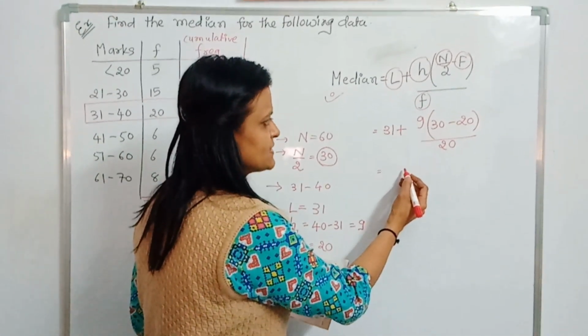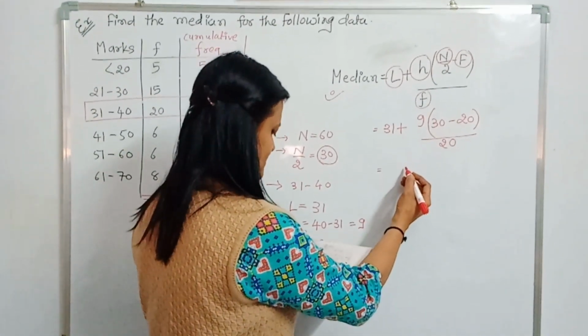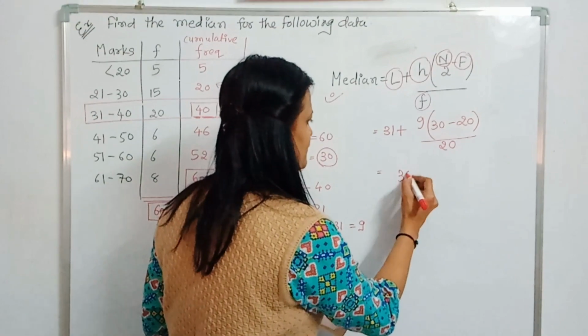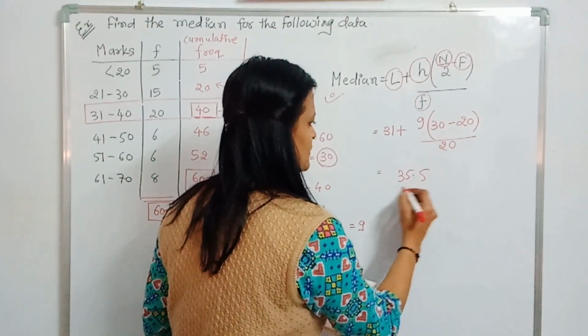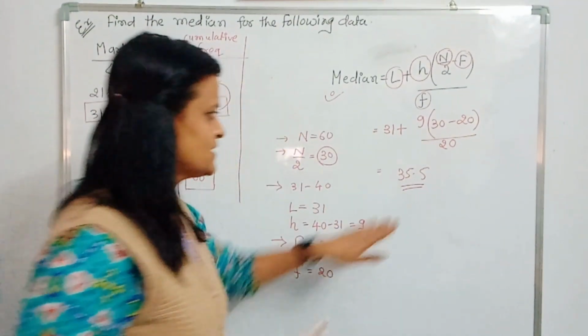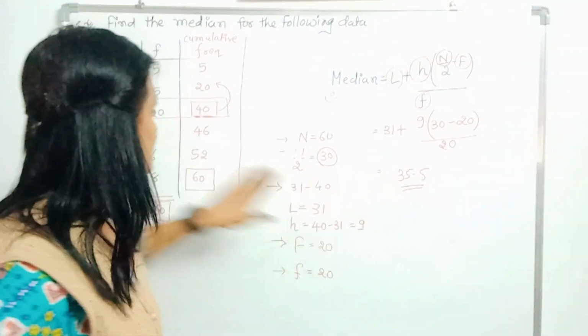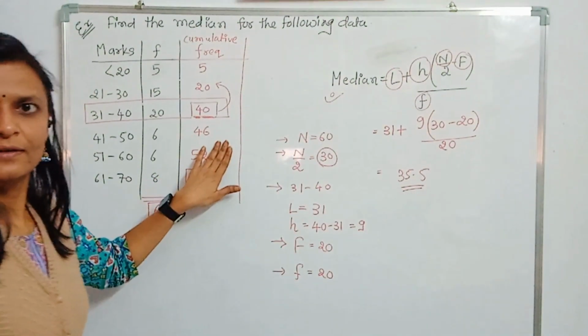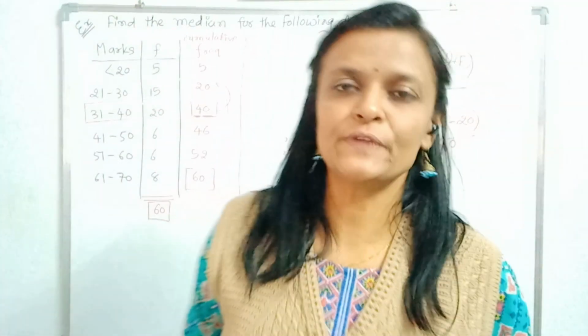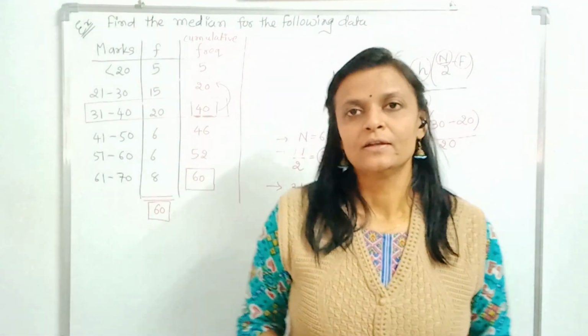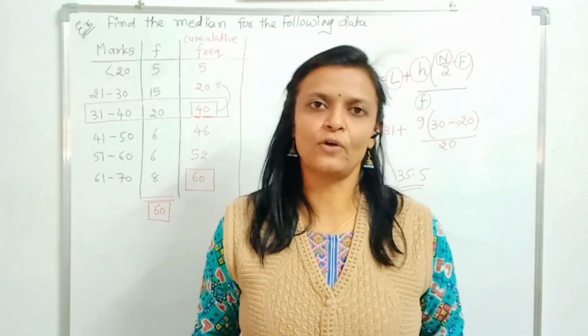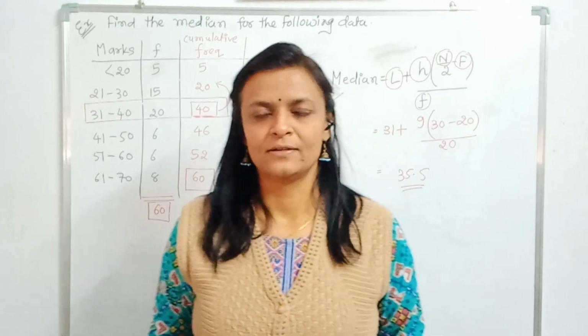If we solve this equation, you will find the value 35.5. So this is the median of the given group data. In this video, we have learned how to find the median for grouped and ungrouped data. Thank you very much.